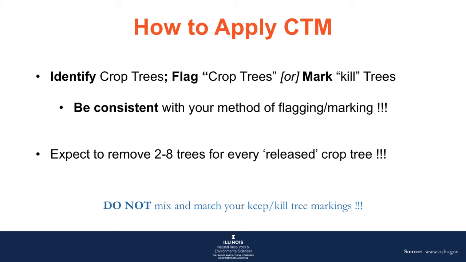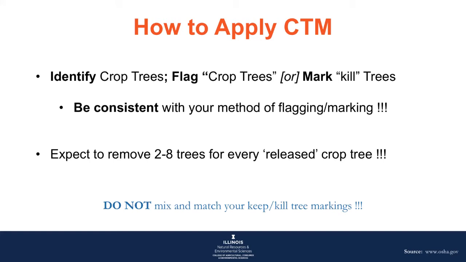So when I go out and mark a crop tree release, I either flag the crop trees for the landowner or I paint the kill trees for the landowner. It's really, really important to not mix and match your keep and kill tree markings. Just be consistent, okay? Don't have 4 different colors of paint or 5 different colors of flagging when you mark your crop tree management practice.